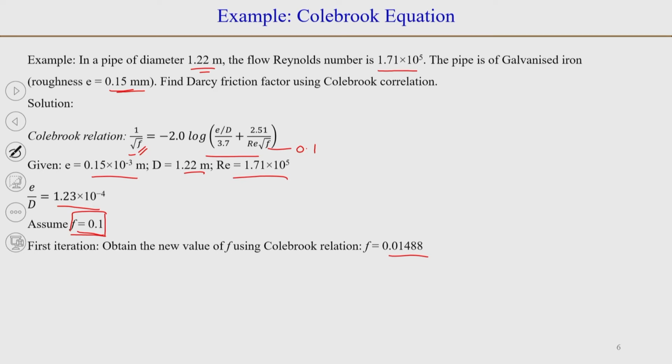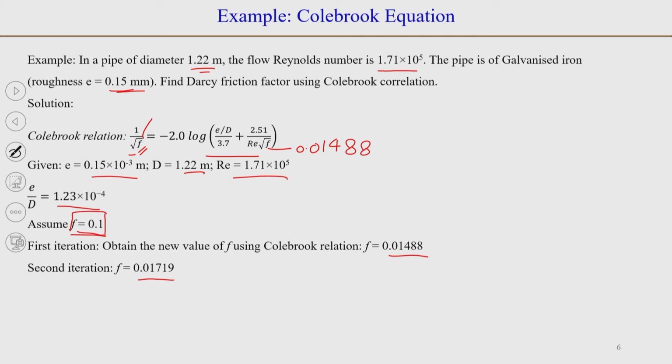Now, we need to do the same exercise. In the next case, we will use f equal to 0.01488 and find the new value of f. In the second iteration, the new value of f that we obtained is 0.01719.